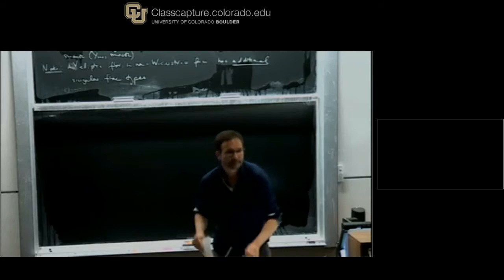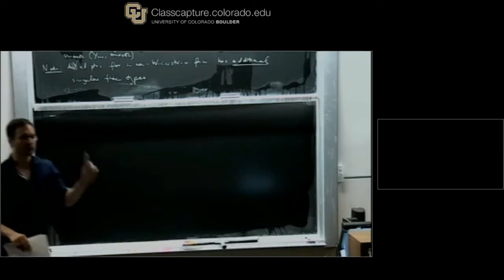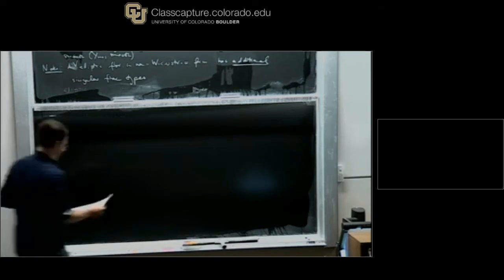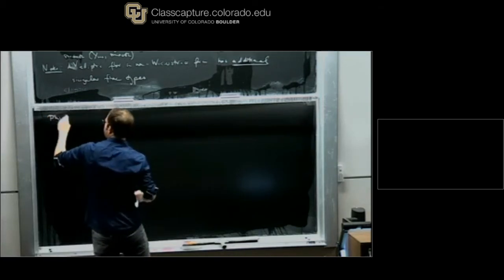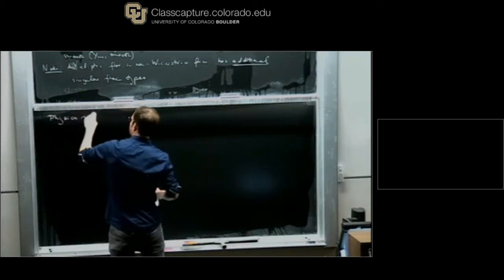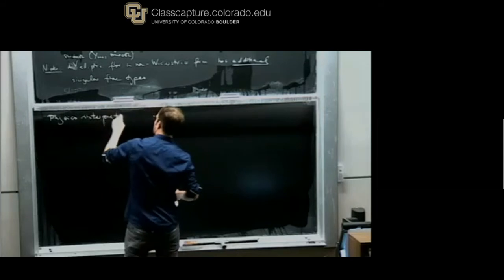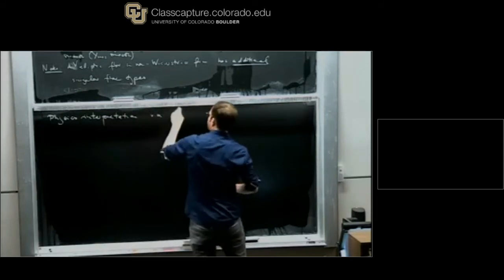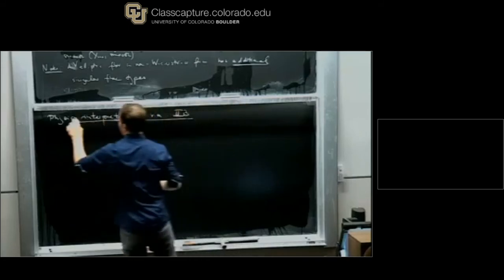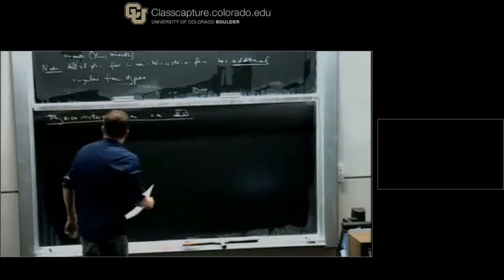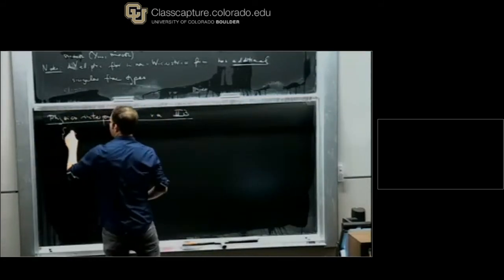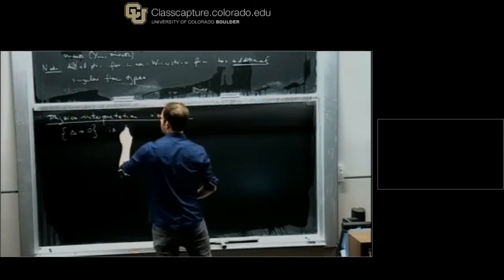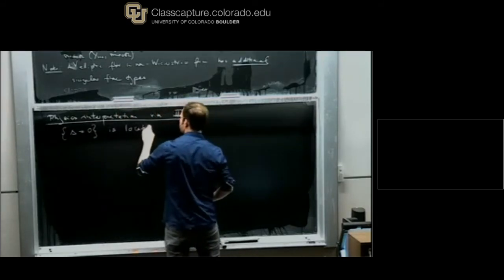And we'll give an interpretation first in the 2B picture and then in the M-theory picture and see how they match. So, physics interpretation via type 2B. The statement is that this locus delta equals 0 is the location of the 7-branes.